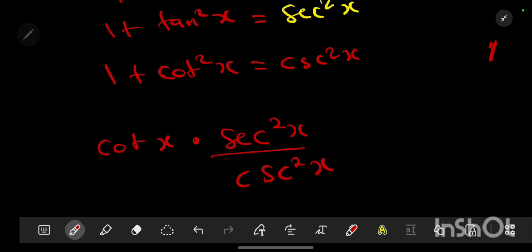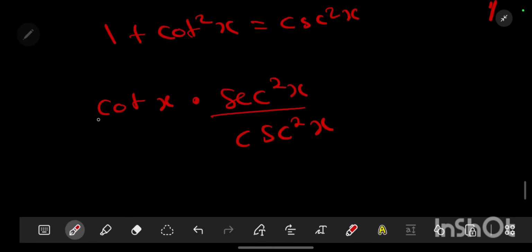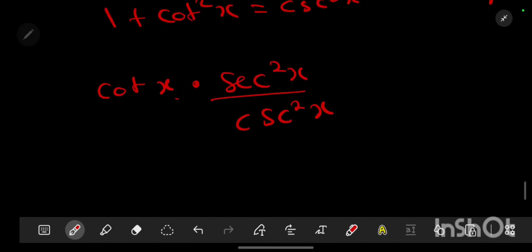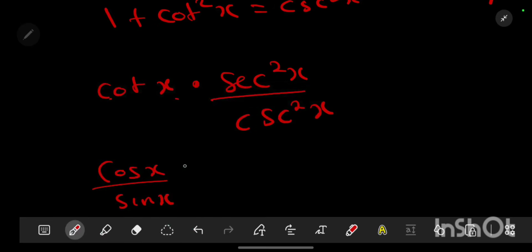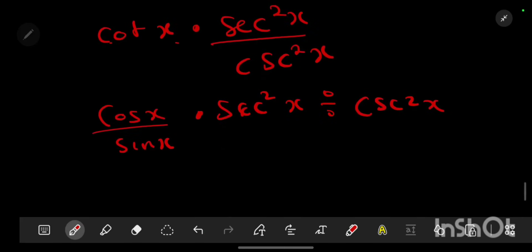So then let's deal with this. This gives us cot x, which is cos of x over the sine of x, multiplied by sec squared x, divided by cosec squared x, like that.